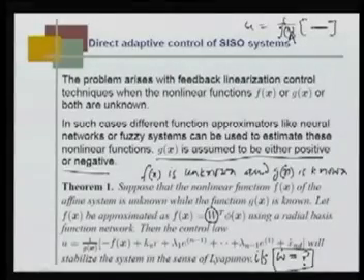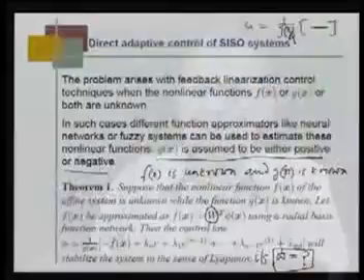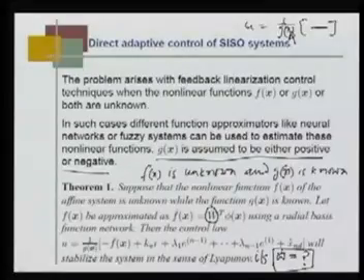Here there is a little mistake in this theorem: we have to find out what the W hat should be. This function is approximated by a radial basis function network, and then the weights have to be updated. So, what is that update law for the weights such that this control law will stabilize the system?